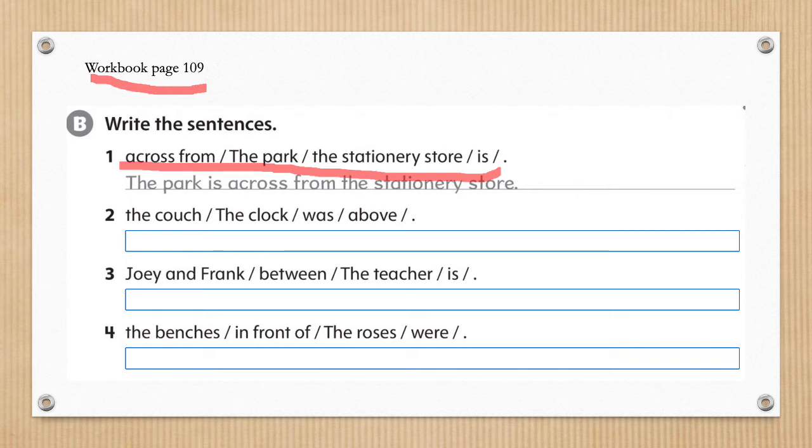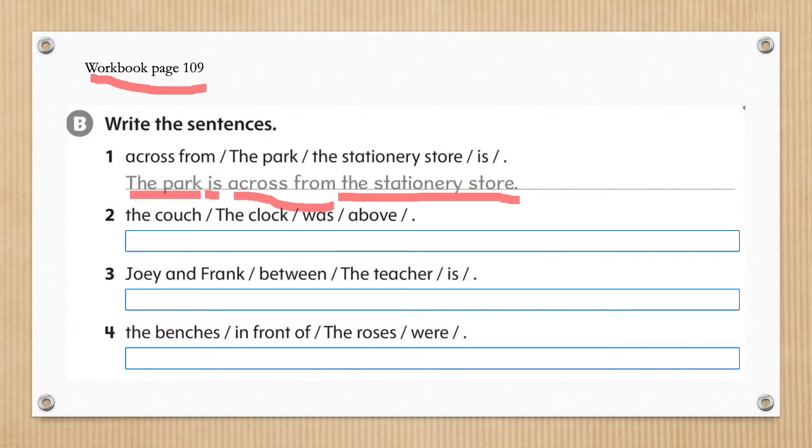It is not a correct sentence. We need to change the order of the words to create a correct sentence. Number 1 being the example. "Across from the park, the stationery store is." We change it to "The park is across from the stationery store."